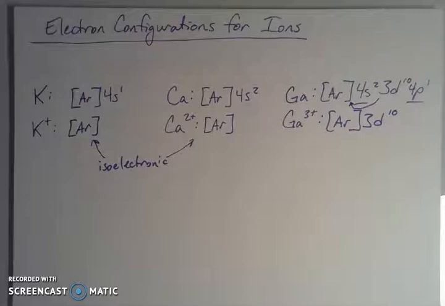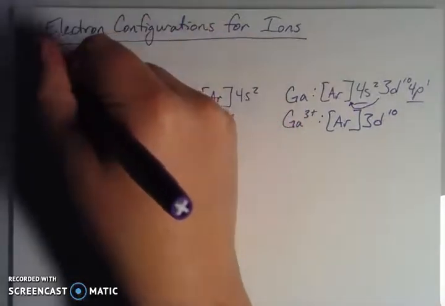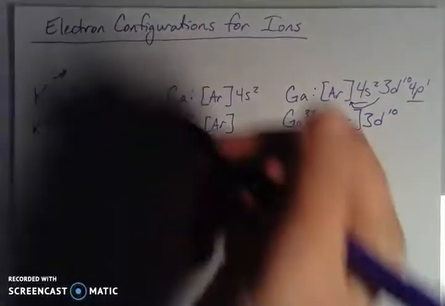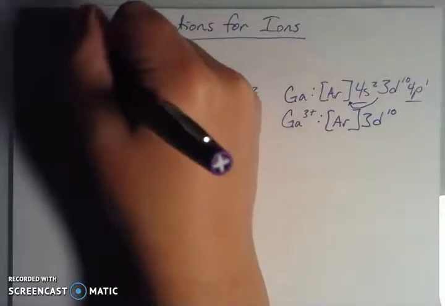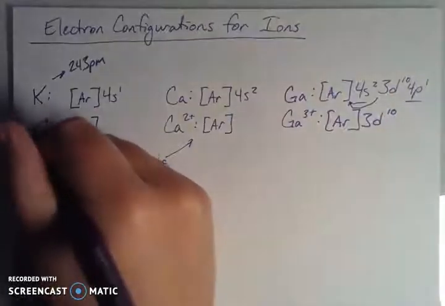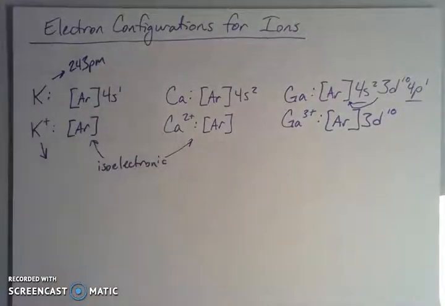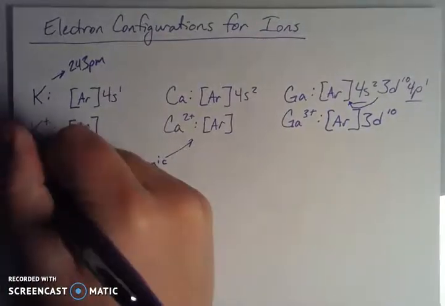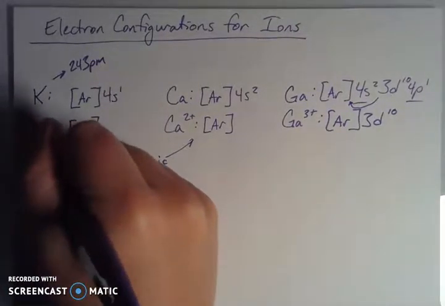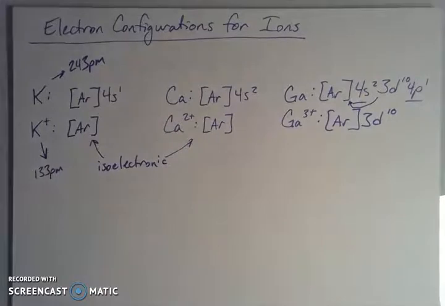So just to give you some numbers to compare this to, the atomic radius for potassium is 243 picometers, but the ionic radius for the potassium ion is 133 picometers. So it's a pretty significant difference.